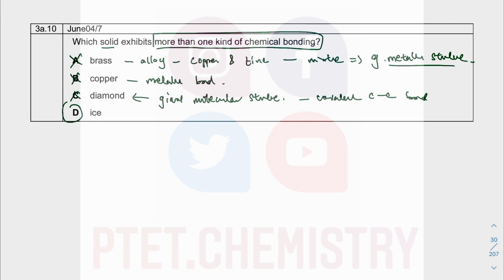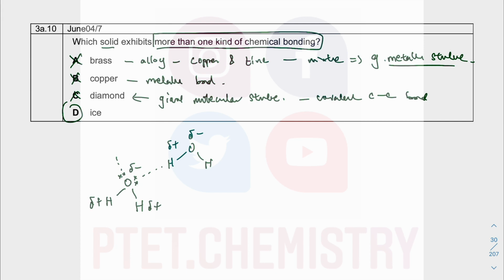Why does ice have more than one kind of bonding? D must be the answer because I've already crossed out the possibility there. Okay, so when you have ice, essentially ice is where you have closely packed OH2 molecules, right? So the lone pair on the oxygen, these are polar molecules like that. So what happens is they order up together.